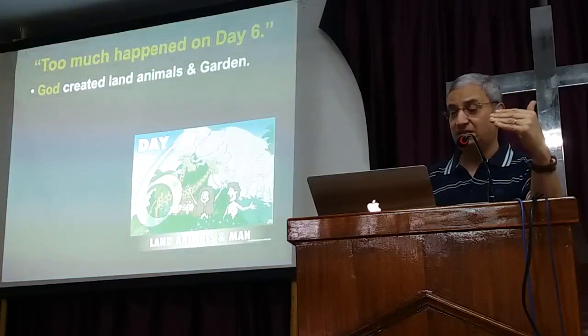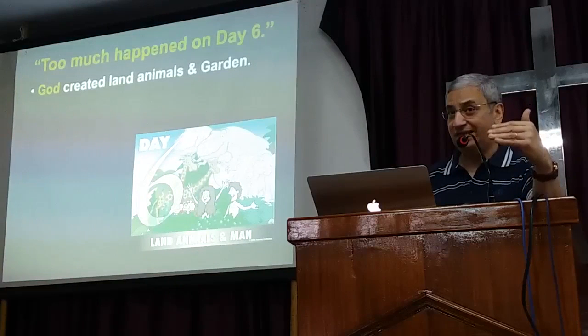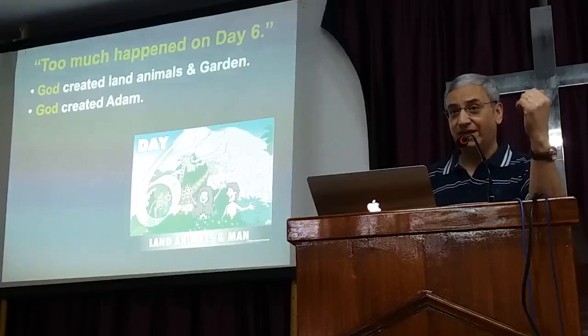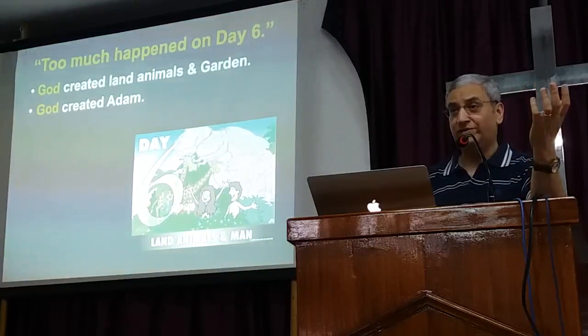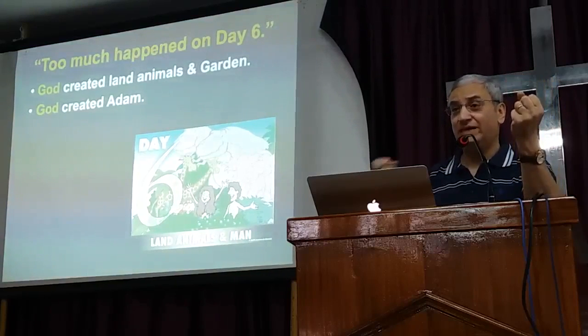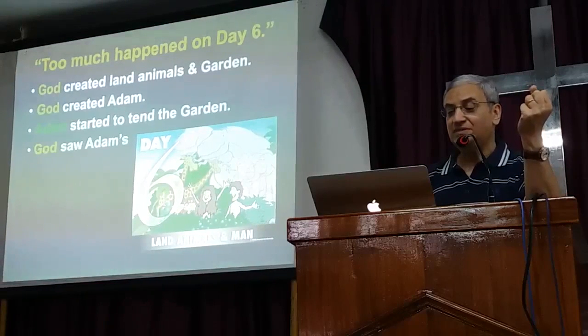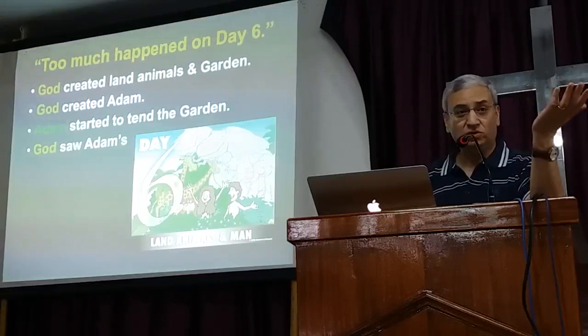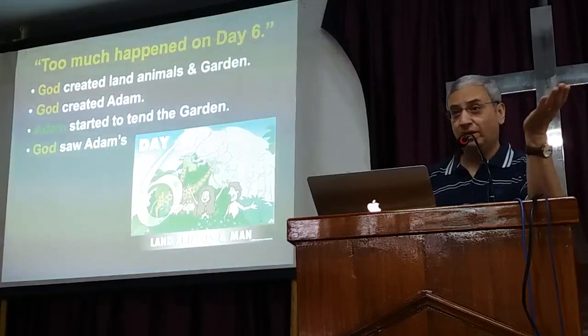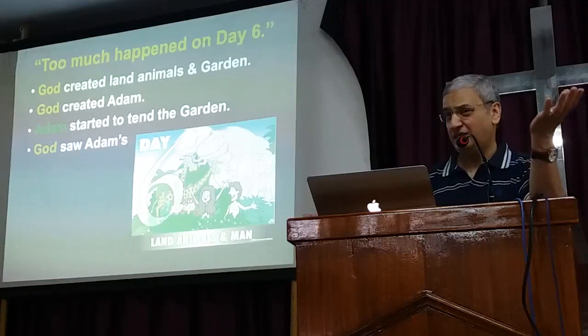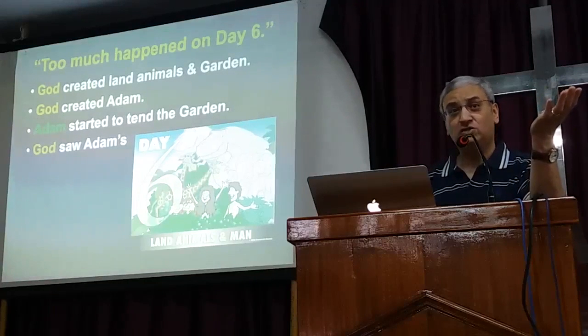So God created the Garden of Eden and the land animals. God created Adam. Again, He took the dust of the earth and made Adam and breathed into him life. Adam starts to tend the garden. God said to Adam, I put you in the Garden of Eden to start looking after it. That doesn't take too much time. Yeah? He's just starting the job.